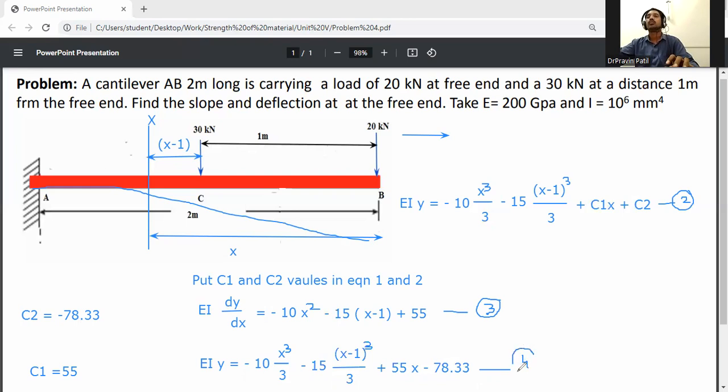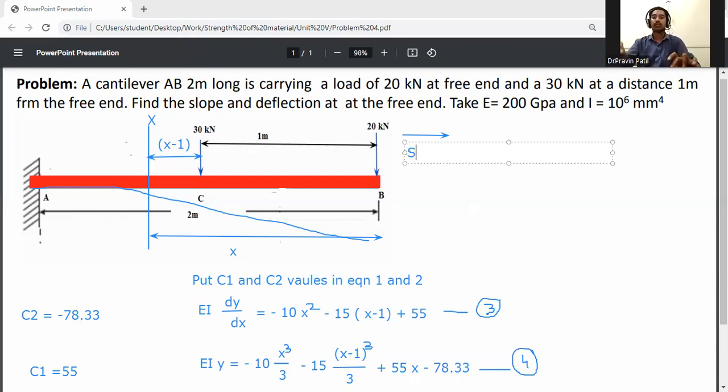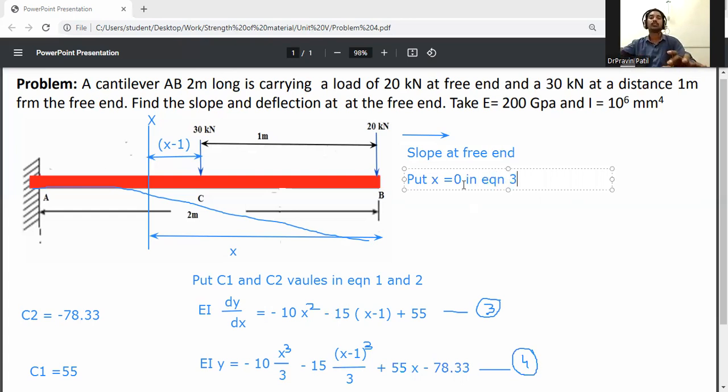So equation number 3 is the slope equation, and equation number 4 is the deflection equation. So we need to calculate first the slope at the free end. Put x equal to 0 in equation 3, the slope equation.